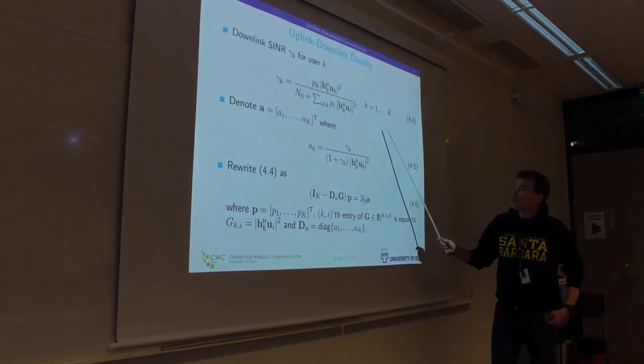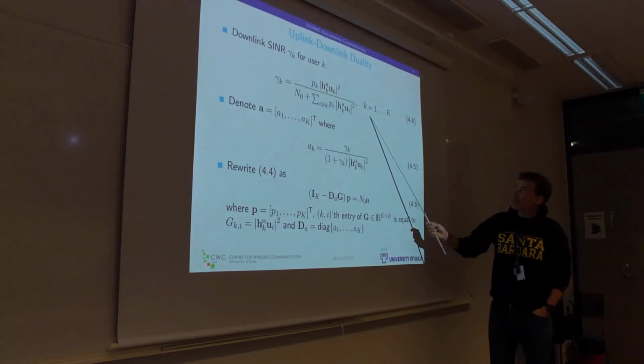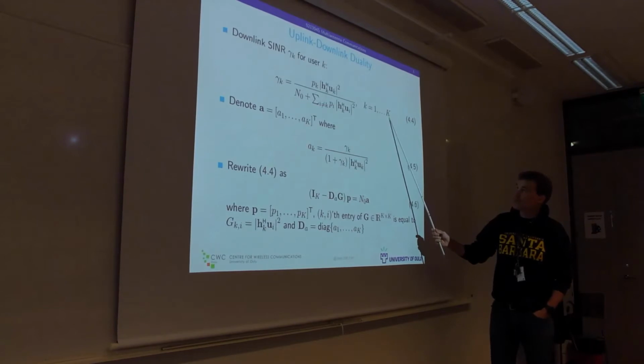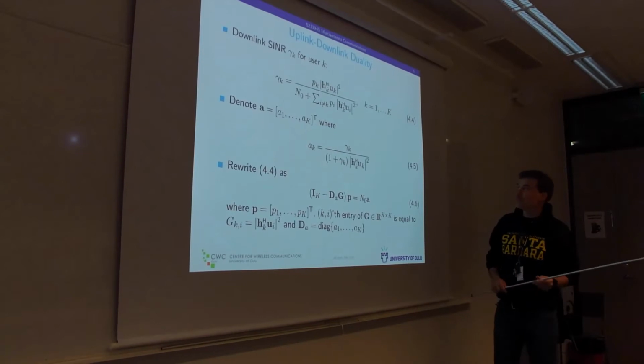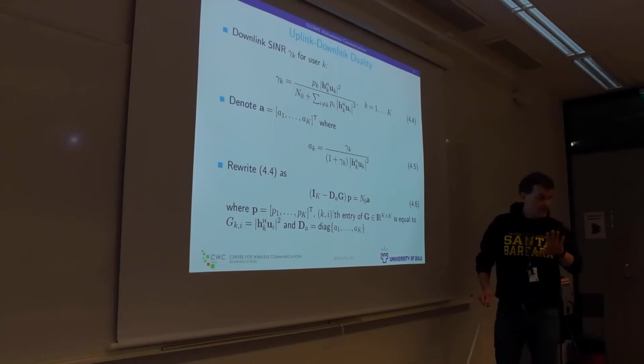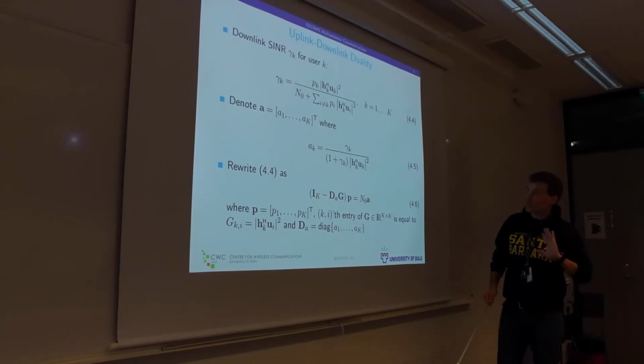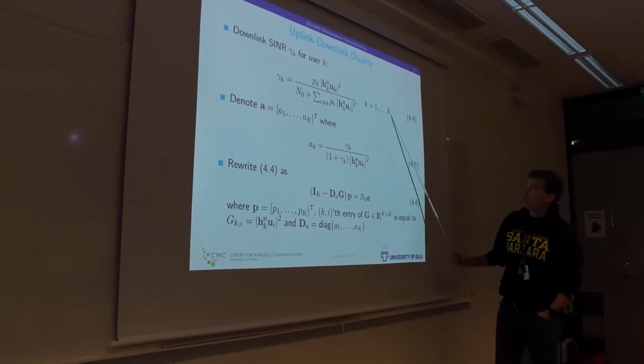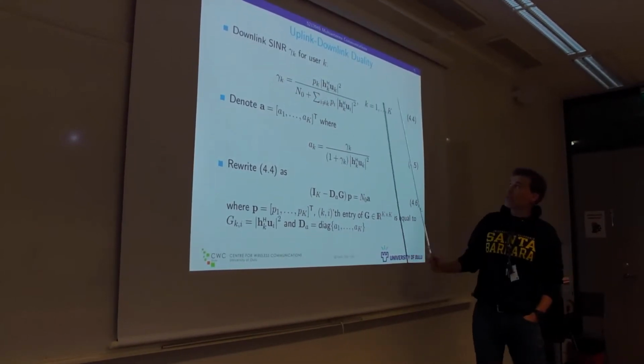We have K users that are served by the base station simultaneously, on the same resource block. For simplicity, we assume here that we have just one resource block, time frequency whatsoever. So we have basically K equations.